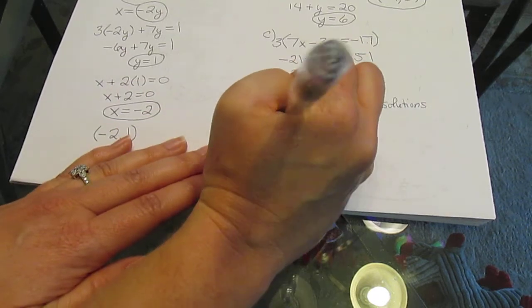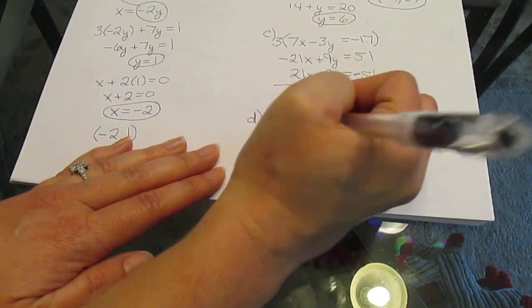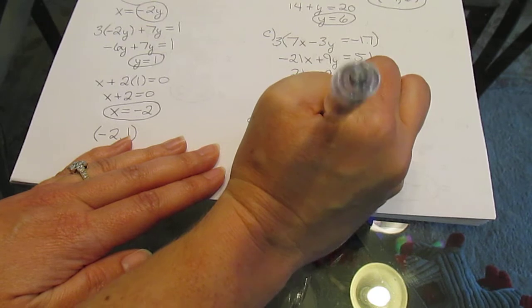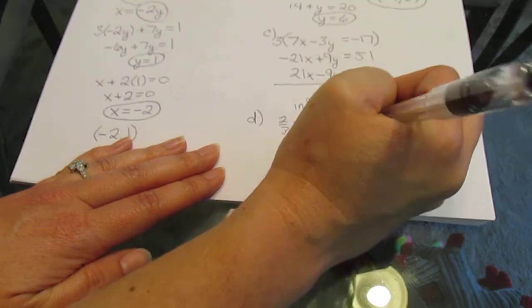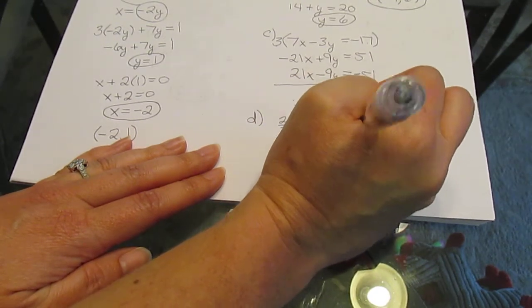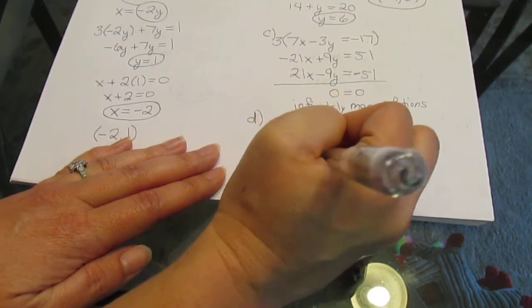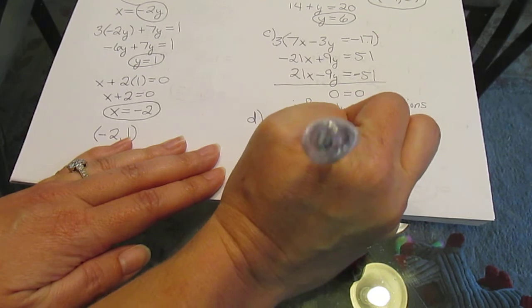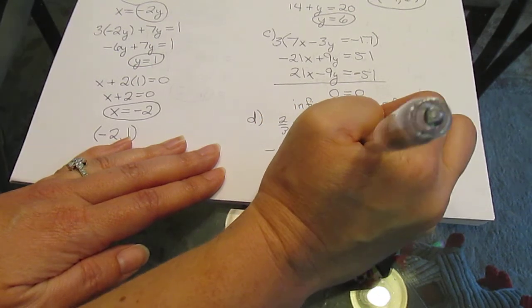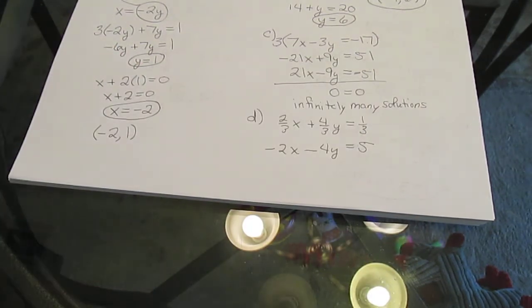I've got 2/3 x plus 4/3 y equals 1/3, and negative 2x minus 4y equals 5. Again, there's not the same coefficient, opposite signs in front of one of the variables.